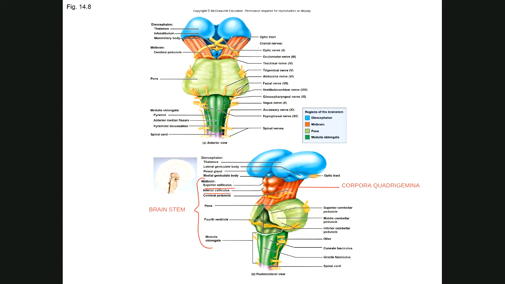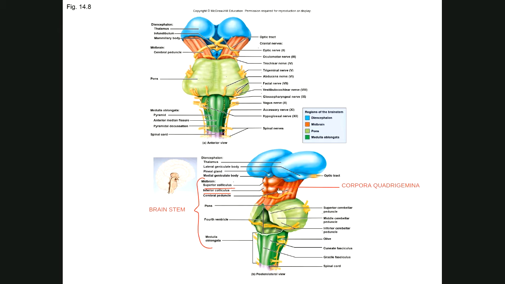The inferior colliculus, which is these 2 lower bumps, these are for the auditory reflexes. Auditory reflex. Okay? So for instance, you hear that and it catches your attention. That's because of the inferior colliculi.